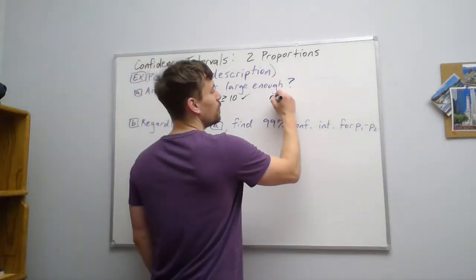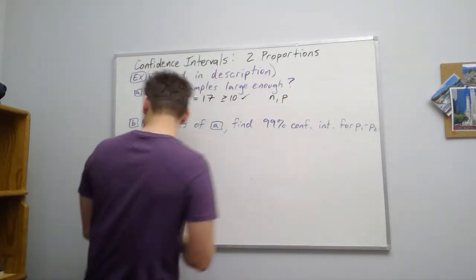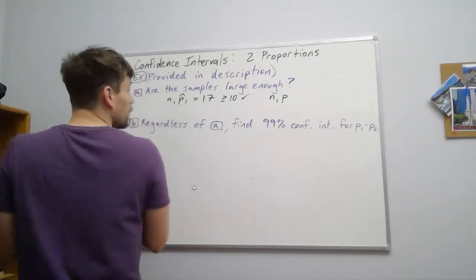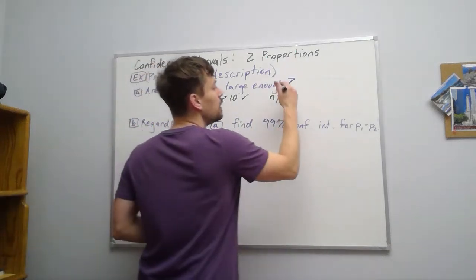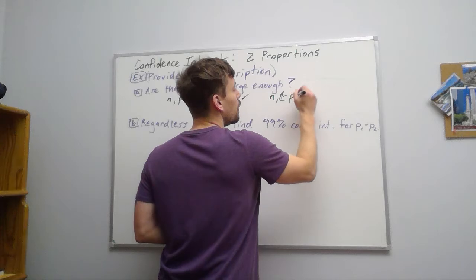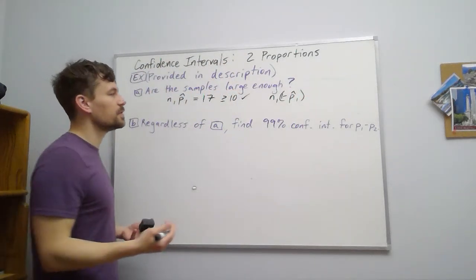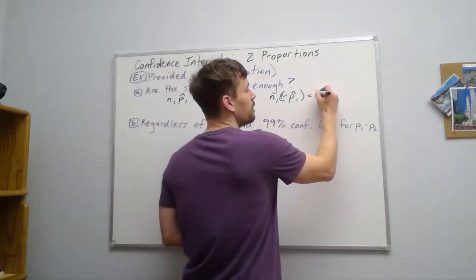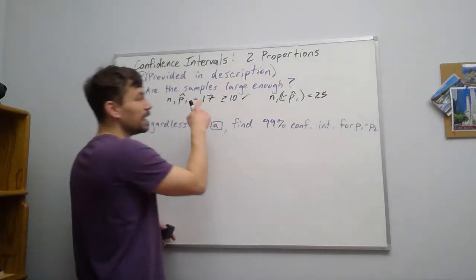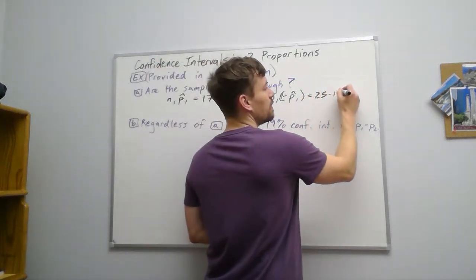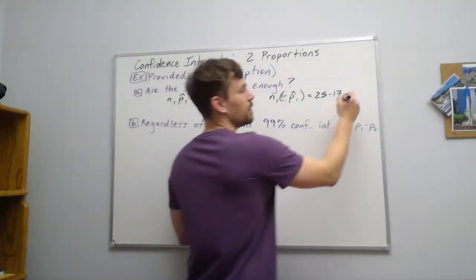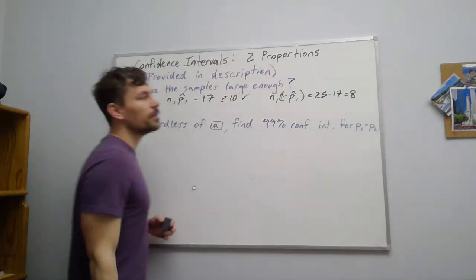If we want to know N1 times 1 minus P1 hat, well, that's just the number of failures. So we can take our sample size, 25, and subtract the 17 successes. So I guess we had 8 failures.